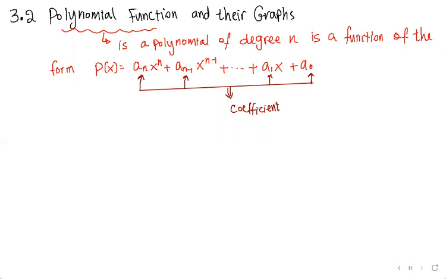This term here, an, is called the leading coefficient. And this one, a0, is called the constant coefficient.